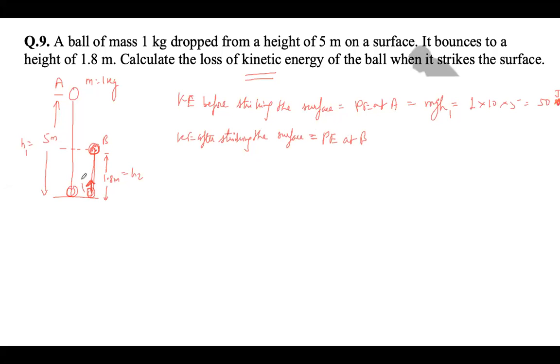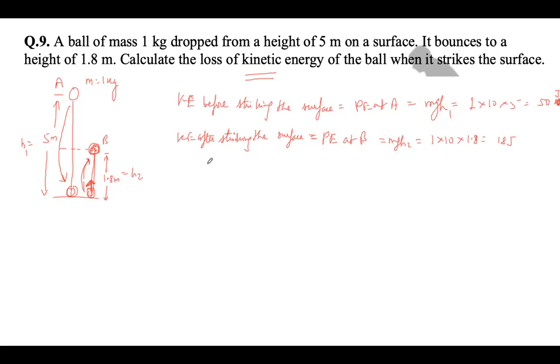That kinetic energy will get converted into potential energy. पहले potential energy kinetic energy में कन्वर्ट हुई, और बाद में रिबाउंड करने के बाद kinetic energy potential energy में कन्वर्ट हो रही है. So kinetic energy after striking the surface is potential energy at B. This is mgh2, which is 1 into 10 into 1.8. So this is 18 joules, right?